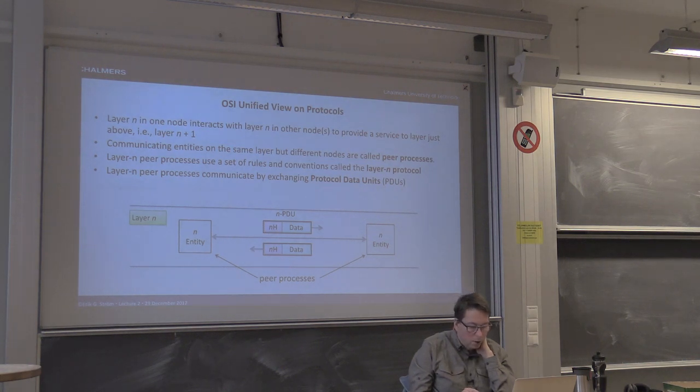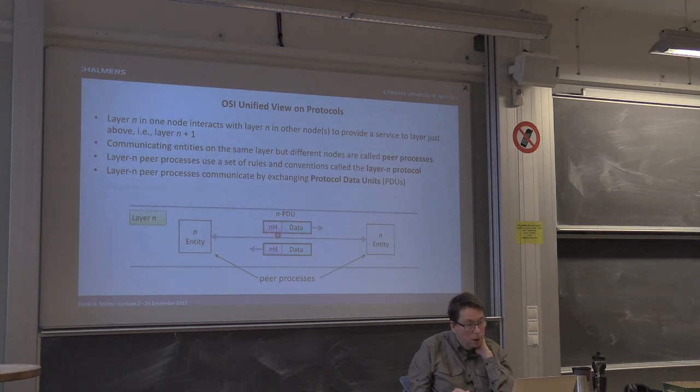Okay, so this entity here talks to this entity by sending data back and forth, and these data blocks are called PDUs. And the PDUs consist of data and header. And the header here belongs to layer n. So it's layer n entity, layer n PDU, and layer n header.